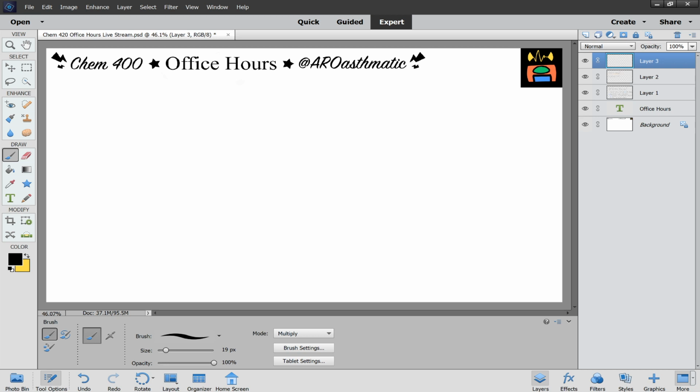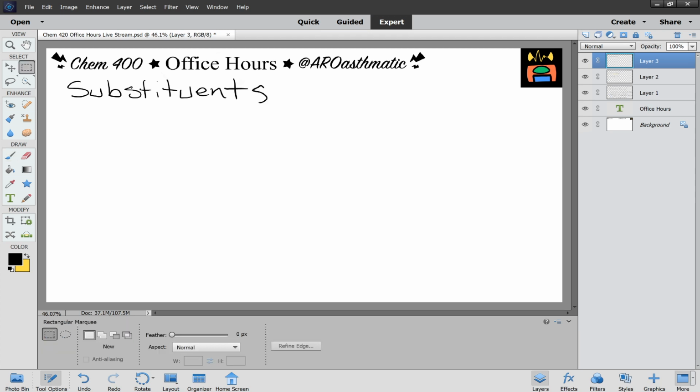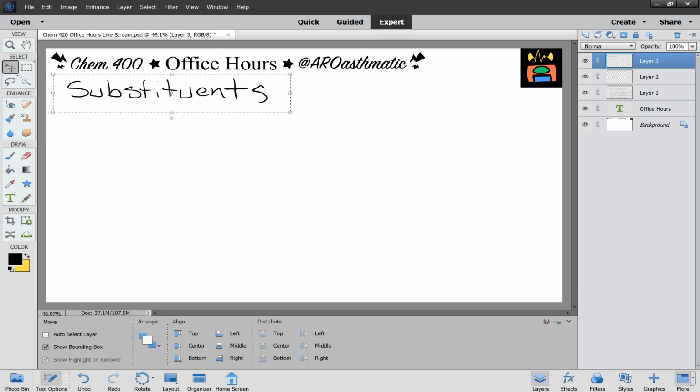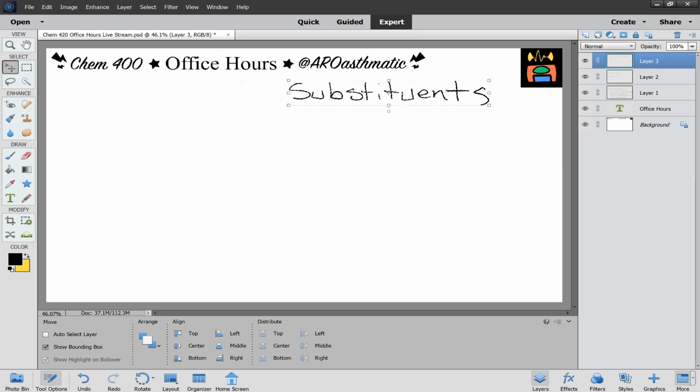When we talk about naming substituents, I'm going to need a lot more room.